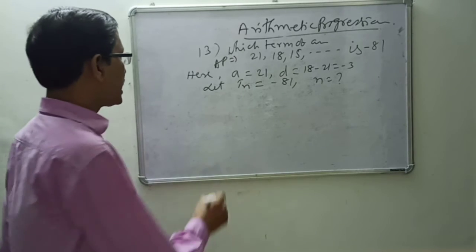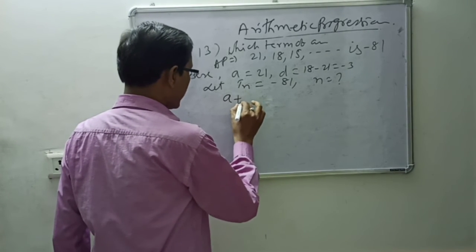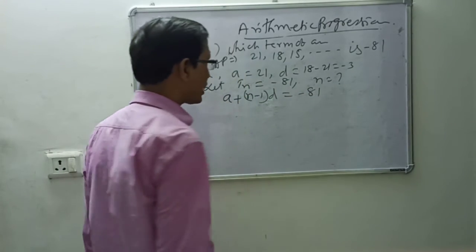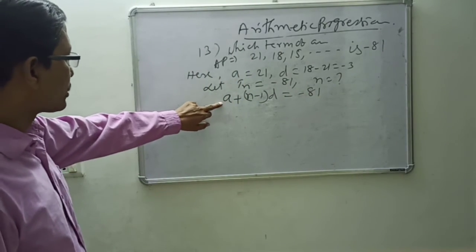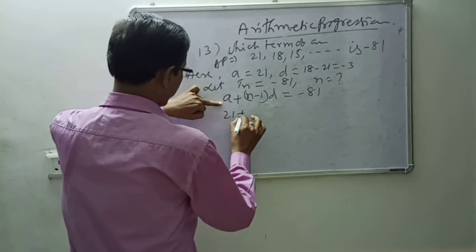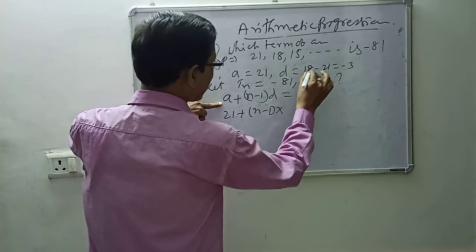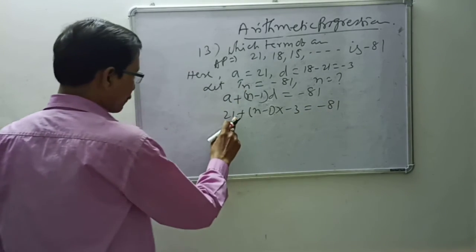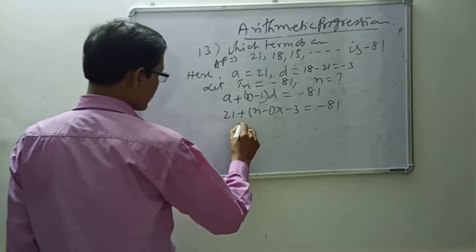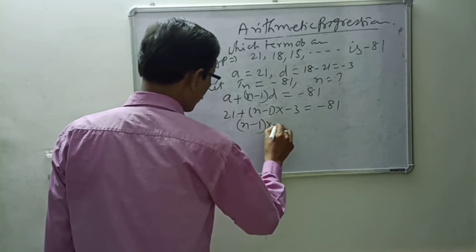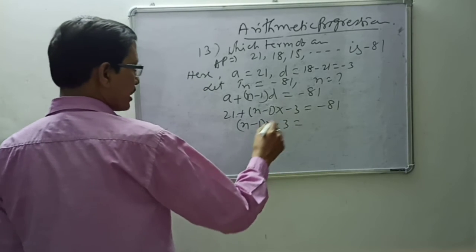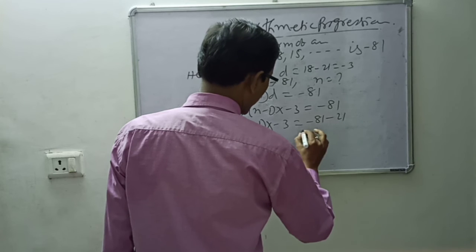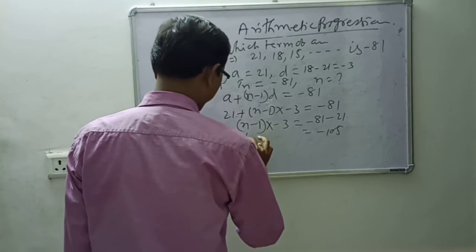So the nth term can be written as A plus (n minus 1) into D equals minus 81. Put in the values: A is 21, D is minus 3, equals minus 81. First this 21 will be taken to that side, so it will be (n minus 1) into minus 3 equals minus 81 minus 21, which is minus 105.